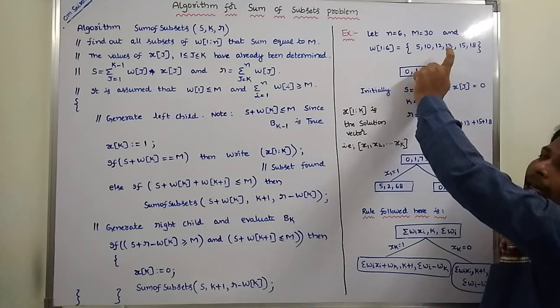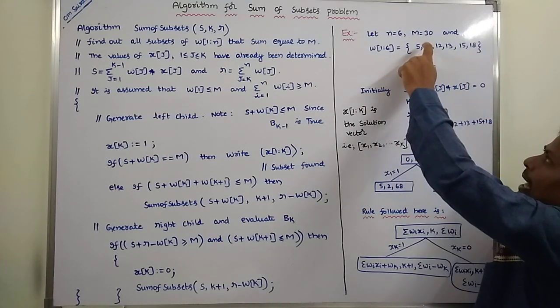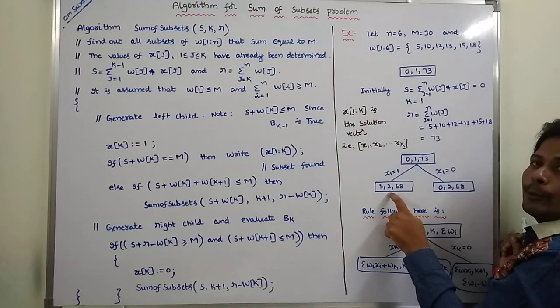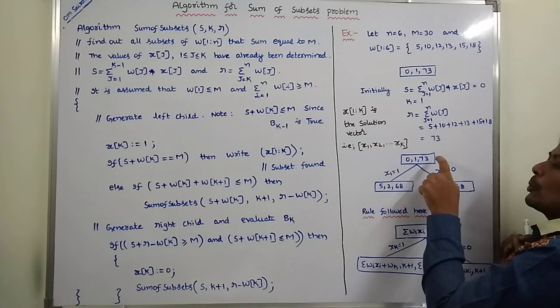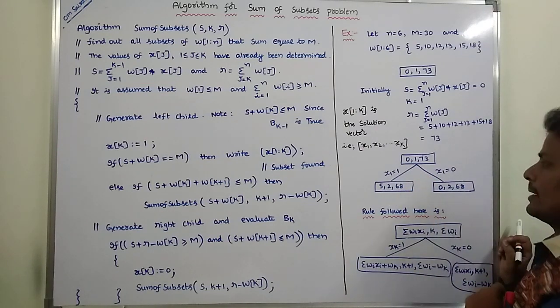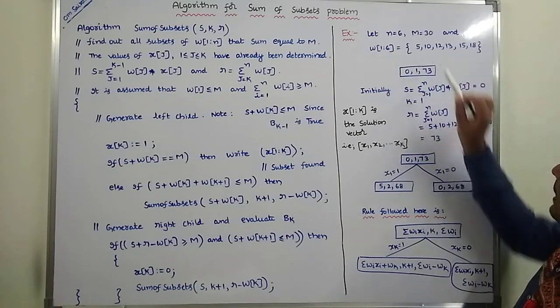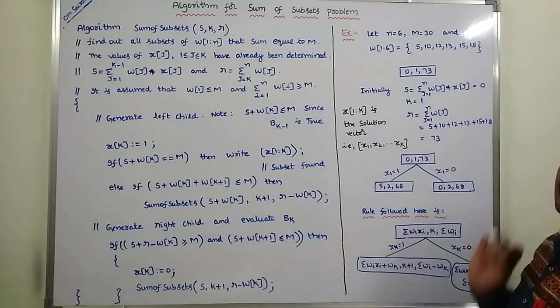The index value 1 is incremented to 2. After considering the first object weight, total weight minus first object weight, that is 73 minus 5, which is 68.